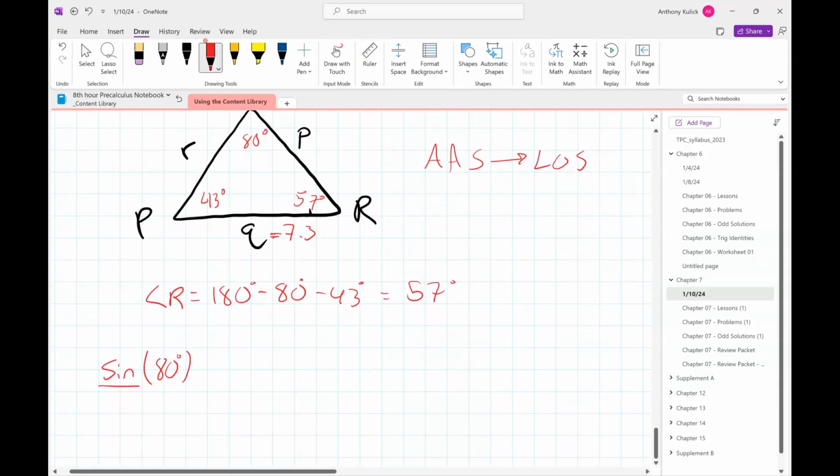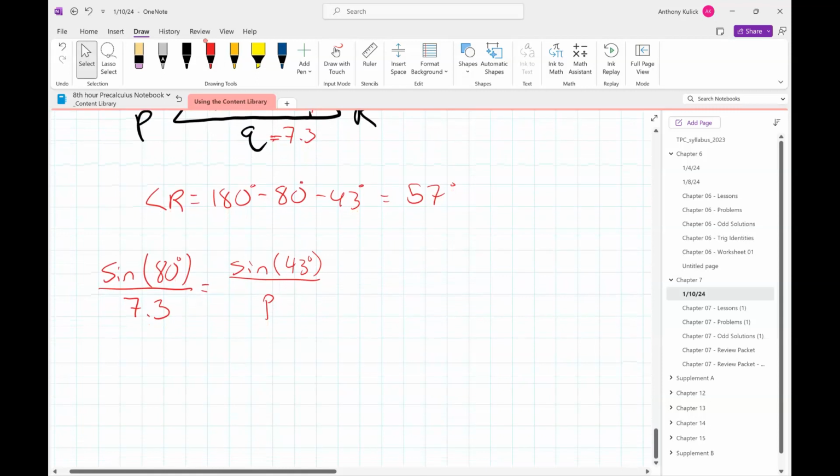So that should be my first ratio. Now, the side that I solve for next, P or R, does not matter. If it's a side length you're solving for, the order doesn't matter here. So I'm going to just use the alphabet. We'll do P first and then R second. I like doing that. You don't have to. You could have done R.